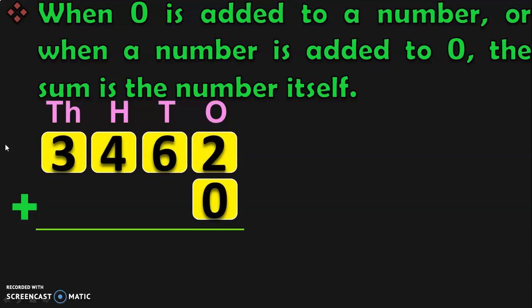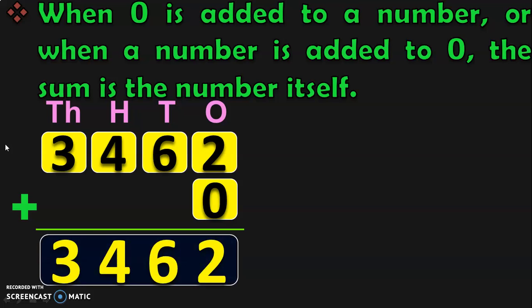Let us take the example of this. We have a 4-digit number 3462 plus 0. The answer will be 2 plus 0 will give you 2 and the remaining numbers are going to remain the same. So 3462 plus 0, which has to be written in the ones place obviously because it is a single digit number, it will give you the same answer.